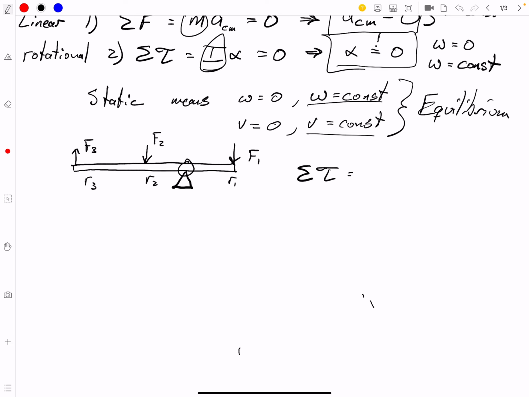They're all perpendicular, so we don't need the angle between them, so we can just say R2F2 plus R3F3, and that whole thing is going to equal I alpha. All right, so here's our fulcrum.